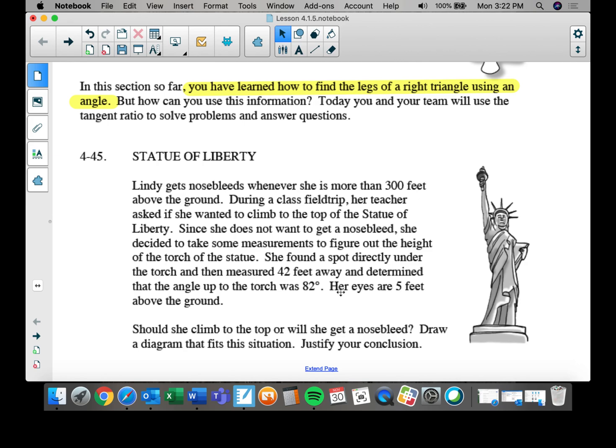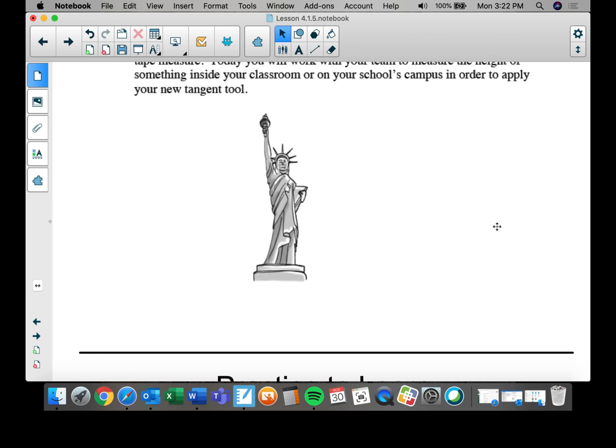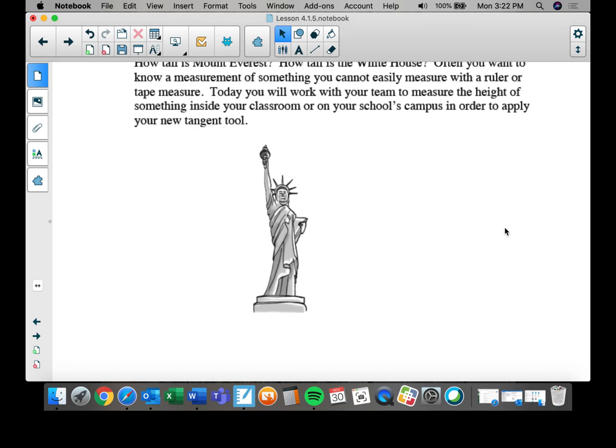So we're going to go through and actually do some calculations. She took some measurements. If I draw in some pieces here, let's say this is the ground right there, and Lindy is standing right here, a little stick figure.